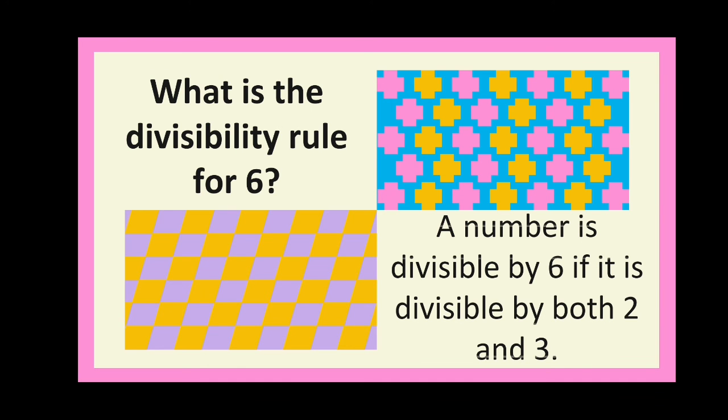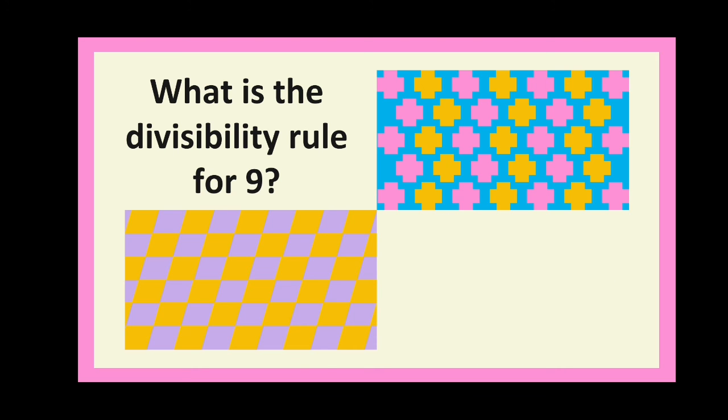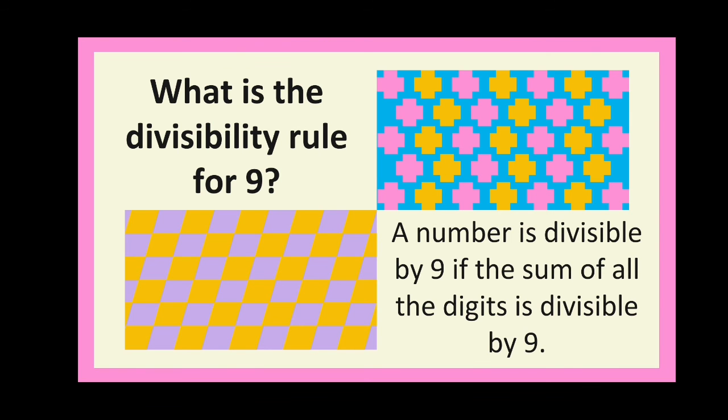A number is divisible by 6 if it is divisible by both 2 and 3. So 2 and 3 siya because 2 and 3 are factors of 6. Now, what is the divisibility rule for 9? A number is divisible by 9 if the sum of all the digits is divisible by 9. Very good.